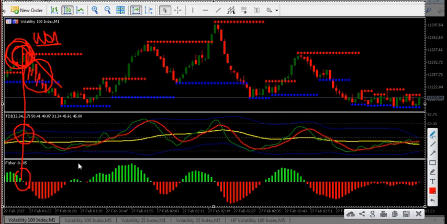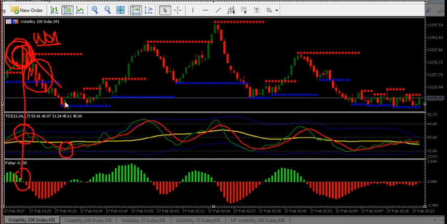So now let us assume that there is a crossover here, and we have the very first change of color from the Fisher. That means we trigger it, let's say we enter from here, so that will be number 1, 2, 3, 4, and 5. We would have actually made the money from there as well.